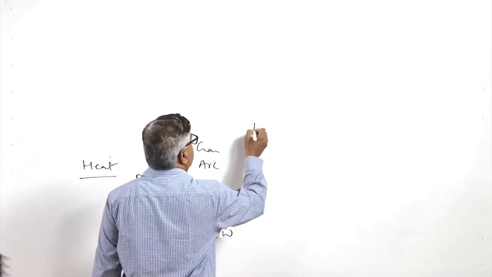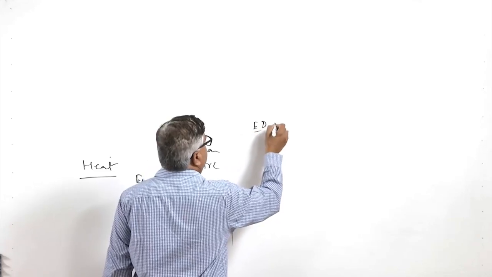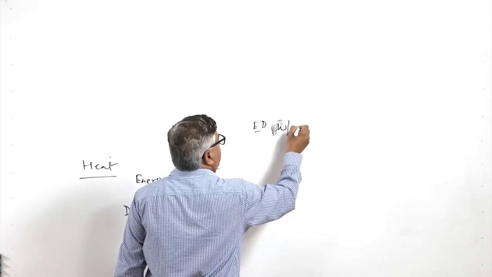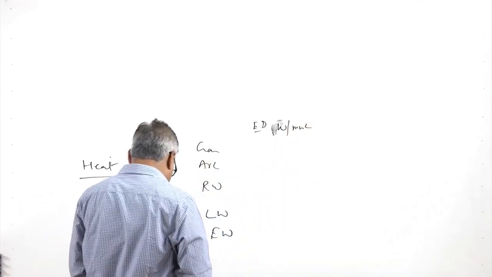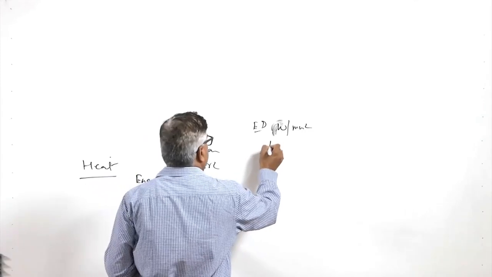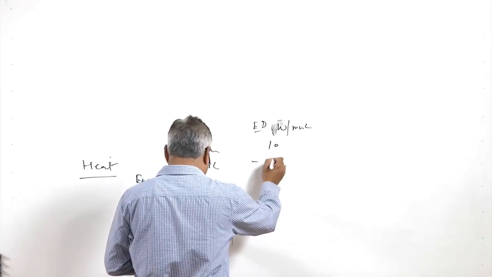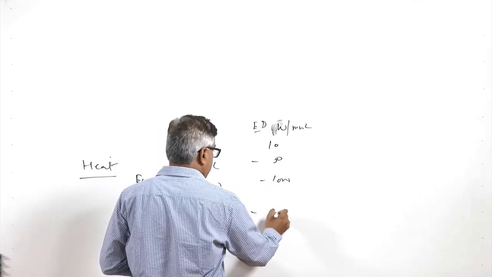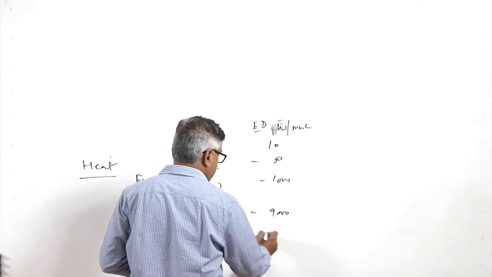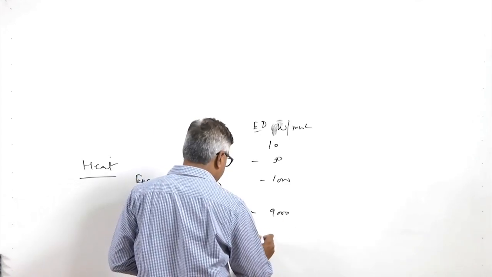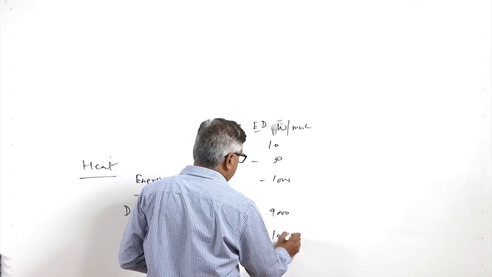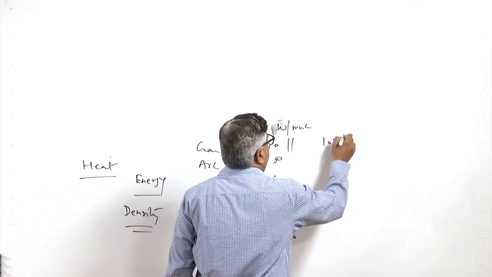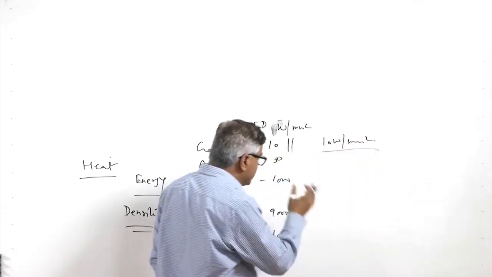If we measure energy density in watt per mm square, then for gas welding it comes out to be 10, for arc welding it is 50, for resistance welding it is 1000, for laser welding it is 9,000 to 10,000, and for electron beam welding it is 10,000. For facilitating the fusion, a minimum of 10 watt per mm square energy density is needed.